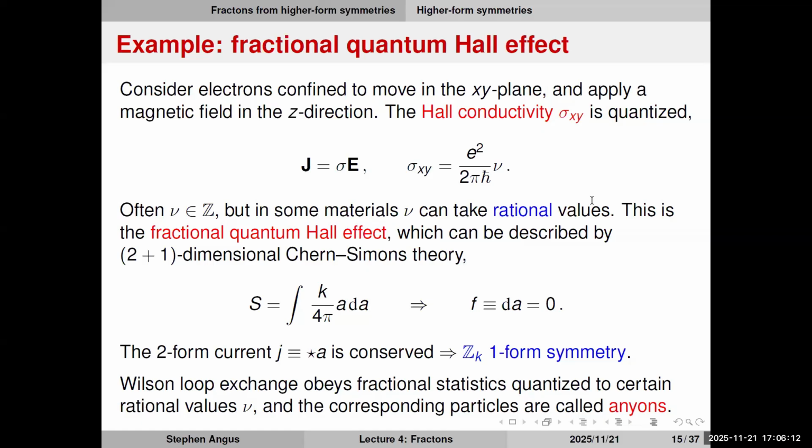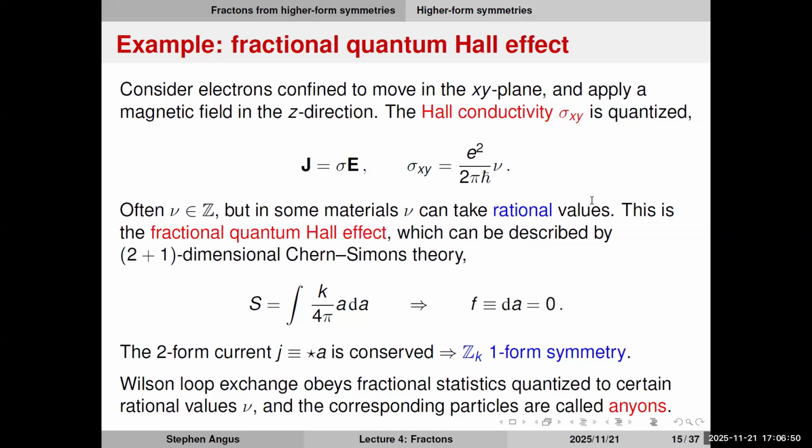And this will take some value, which is quantized. In many situations this is integer quantized. But in some materials, this number nu can actually be a rational number. It can be a fraction. This situation is the fractional quantum Hall effect. It turns out this can be described by 2+1 dimensional Chern-Simons theory, which has this action, an integral where k is some integer called the level of the Chern-Simons theory.